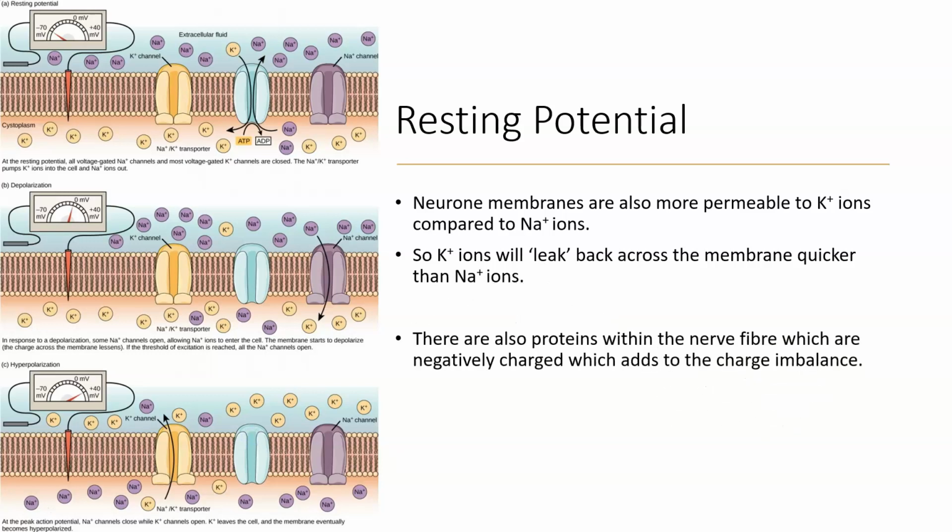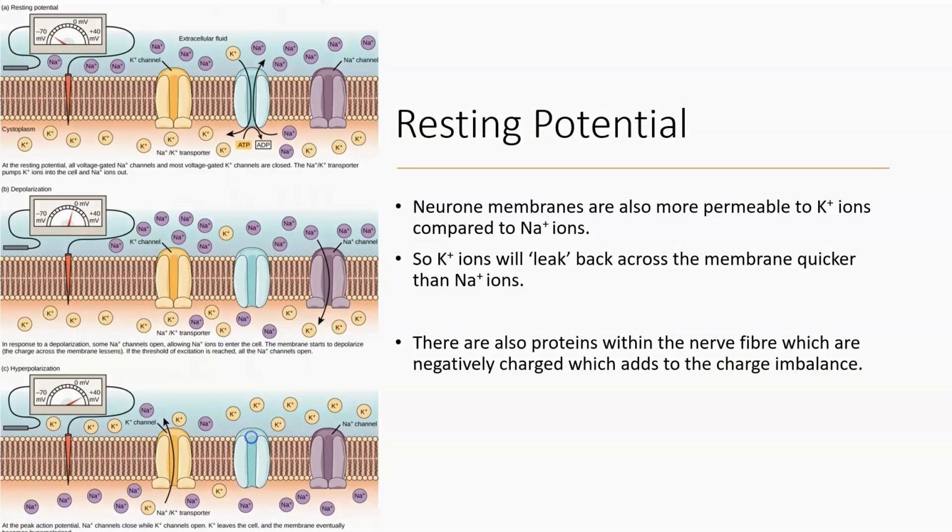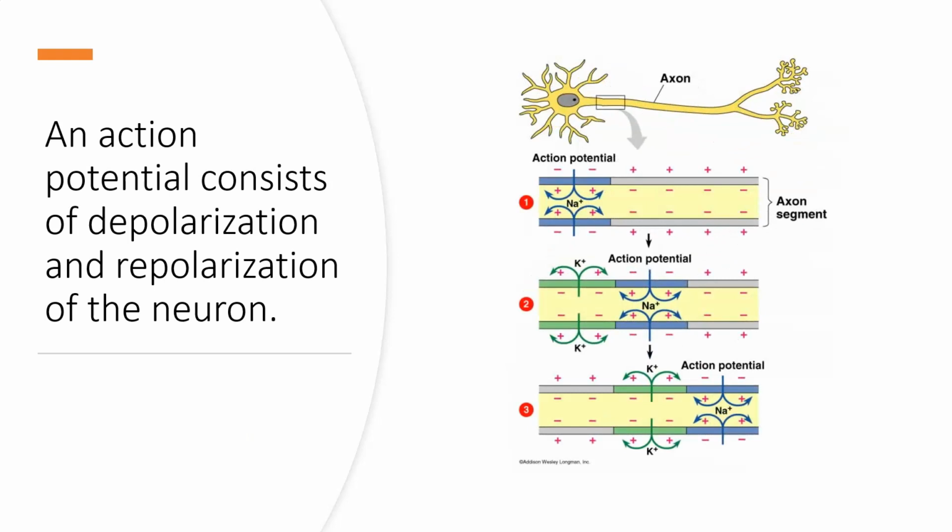There are also proteins within the nerve fibres which are negatively charged. Now this also adds to this charge imbalance, okay? And whilst we've got this charge imbalance, nature wants an equilibrium, okay? So with the charge imbalance, it wants to get back to an equilibrium, and in trying to get back to that equilibrium, you get that nerve impulse.